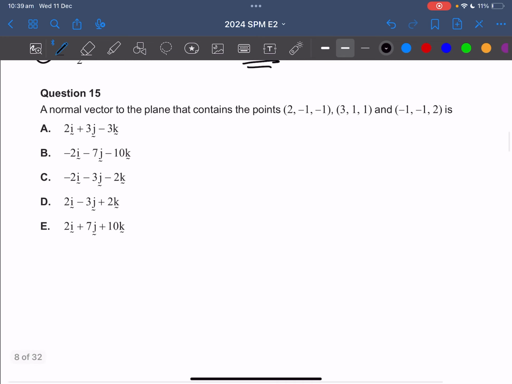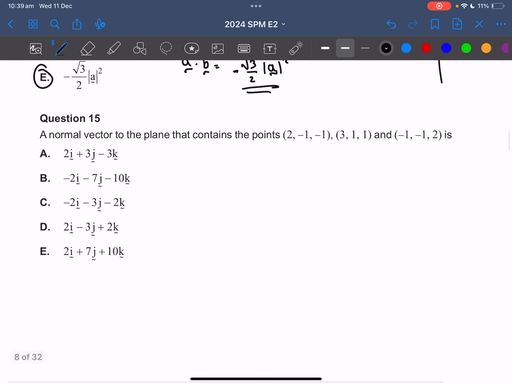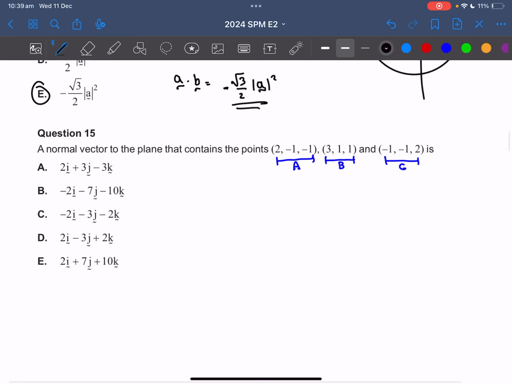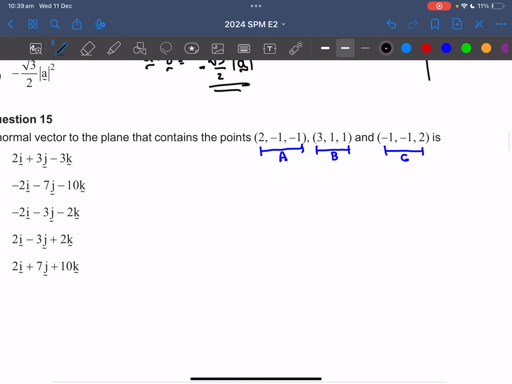Okay. Alright, so question number 15. A normal vector to the plane that contains these points is. Well, just for the sake of this question, I'm going to call this A, this B, and this C. Okay, now if I want to find a normal vector to all of this, n is equal to BA cross CA.